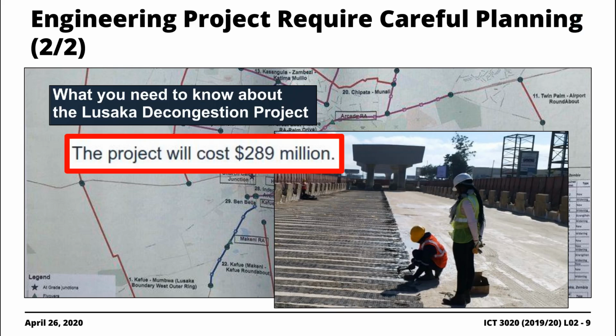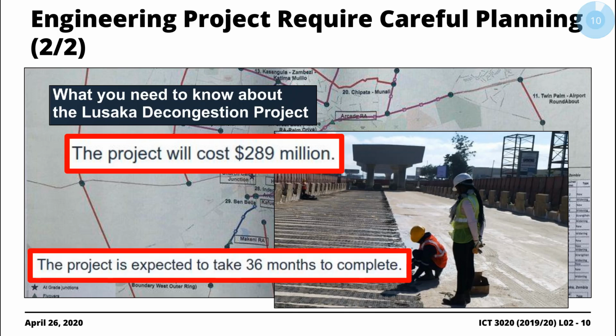This is a large-scale project that has attracted investment from the government of the Republic of Zambia and the government of the Republic of India, right? I don't know if that's what they refer to themselves, but I guess this is the point. Right, so cost, like I said before, and time frame, right? So from inception, this Lusaka decongestion project is expected to take 3 years to complete, right?